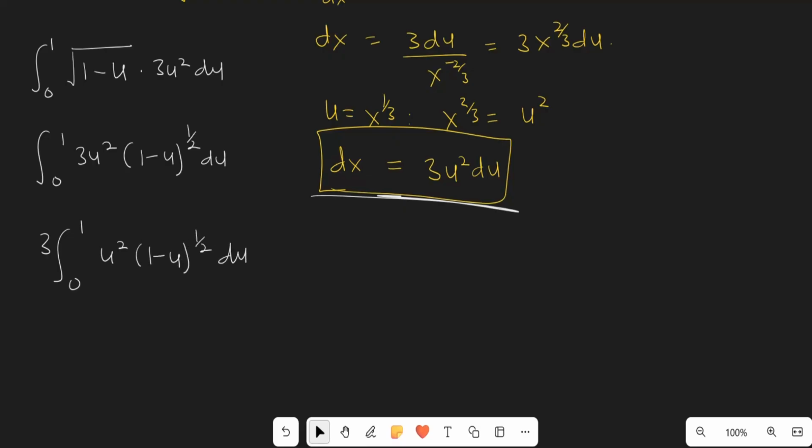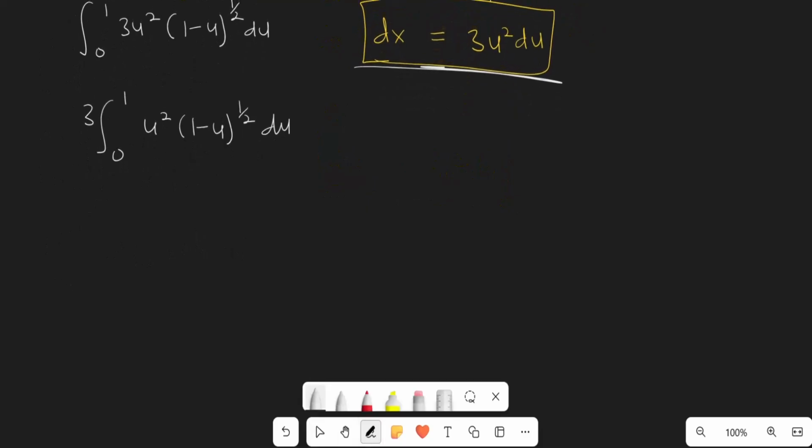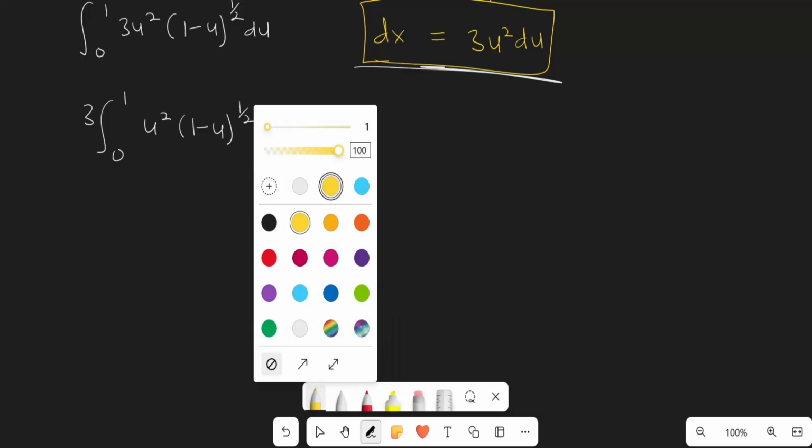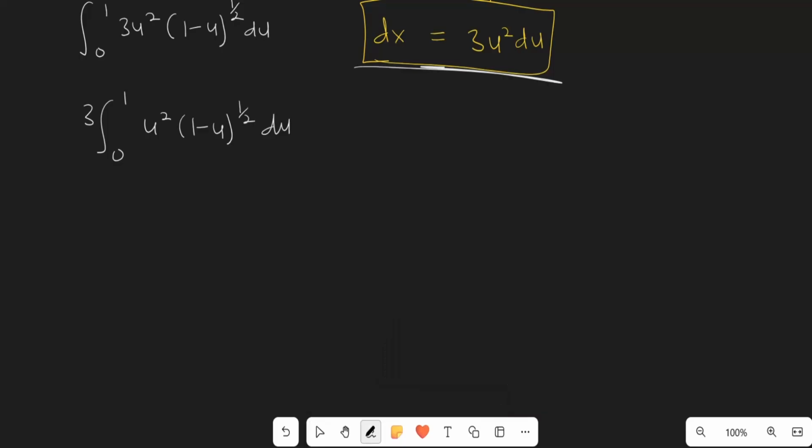And then I am now going to compare this to the beta function. If we have the beta function of m and n, this is the integral from 0 to 1 of x to the m minus 1, times 1 minus x to the n minus 1 dx.